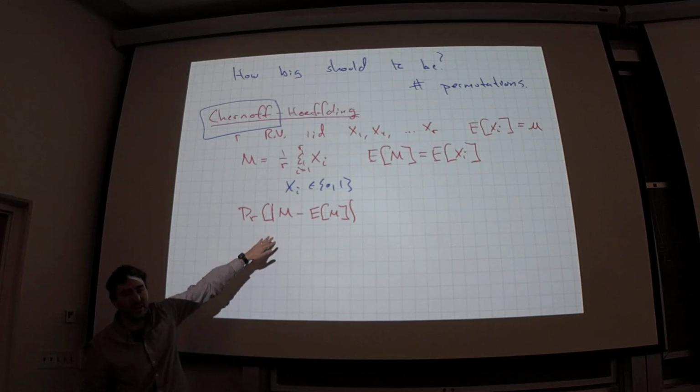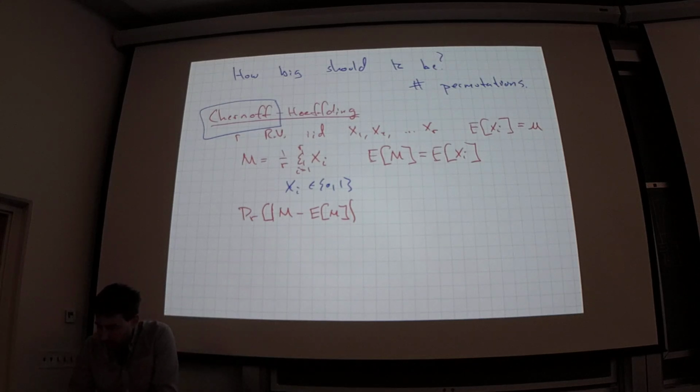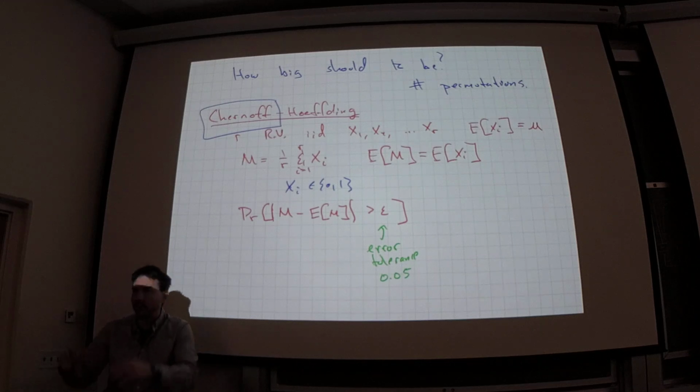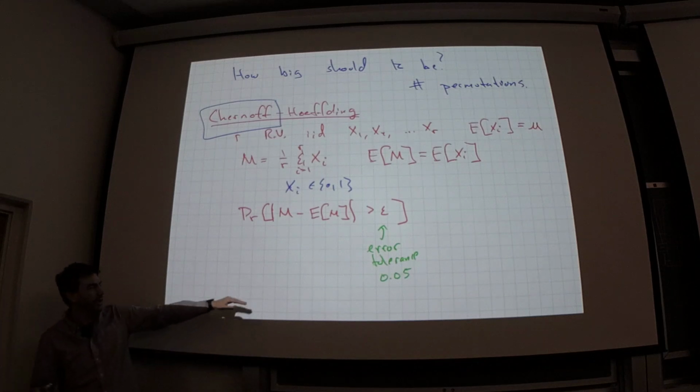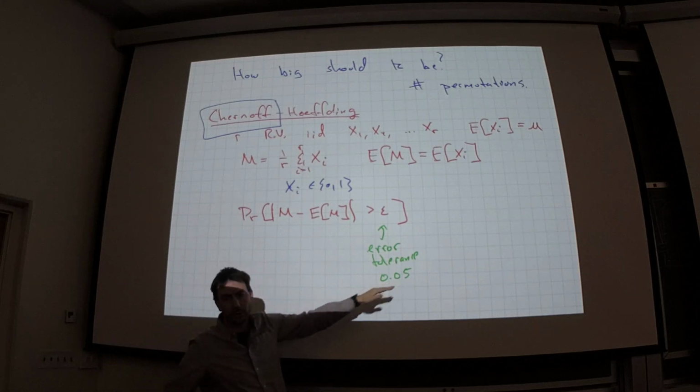What's known is that the probability that the difference between M and the expected value of M, which is my average representation, is greater than some error tolerance epsilon, this is my error tolerance, and let's say this is 0.05. Remember, the Jaccard similarity is between 0 and 1. Let's say I want to be off by at most 0.05.